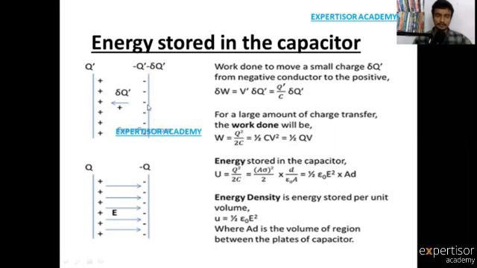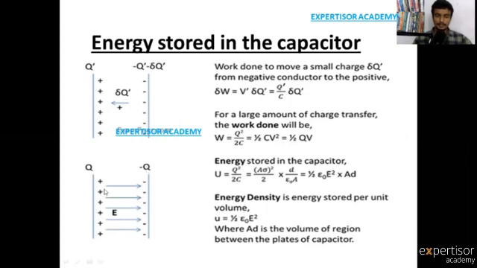So here, a small amount of charge, delta q dash, is traveling from the negative conductor to the positive conductor when you apply the external electric field. Normally there are positive and negative charges on the conductor plates.